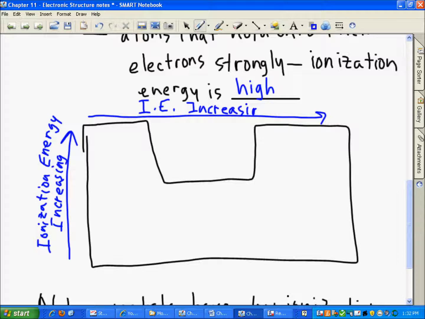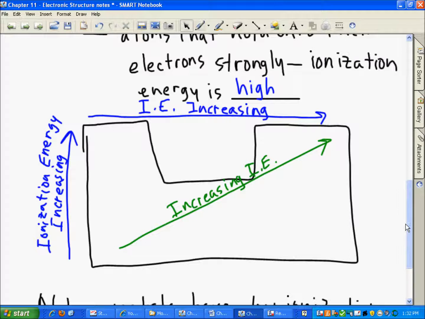So overall, the trend for ionization energy is basically this way. So this is increasing ionization energy. So it's the opposite trend to the size.